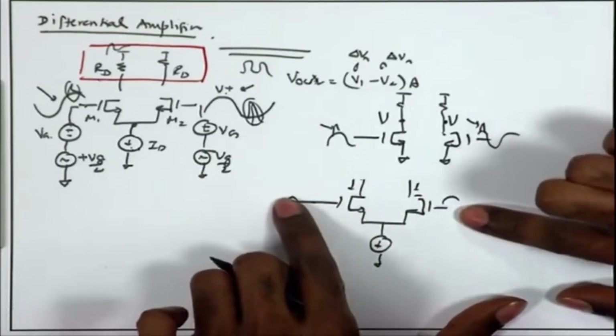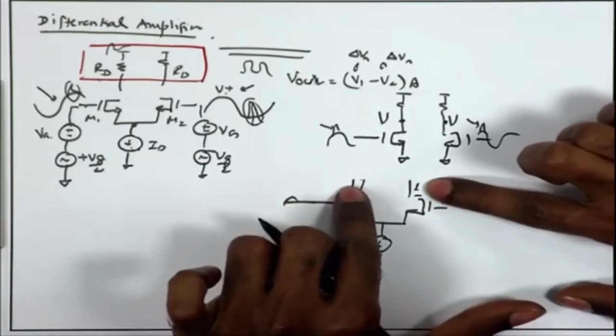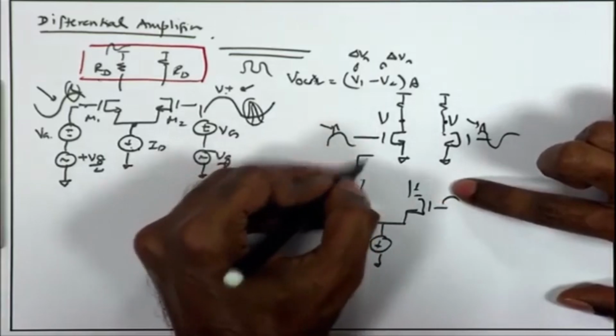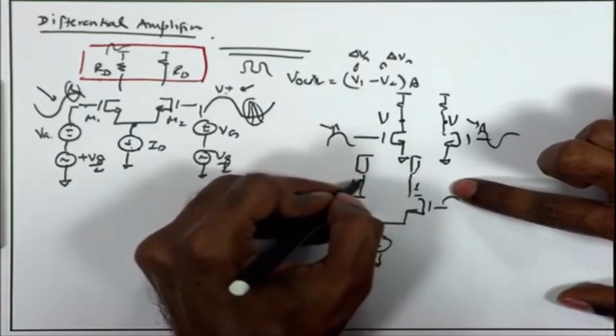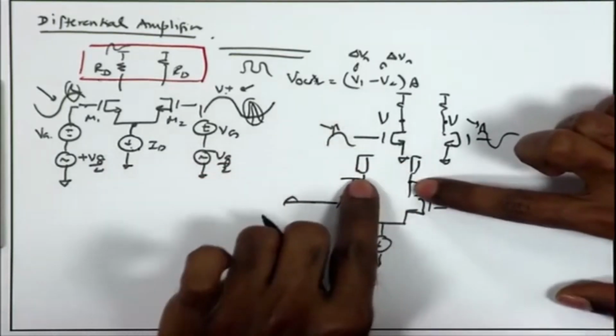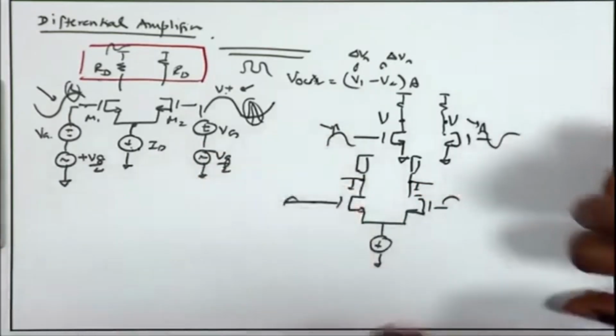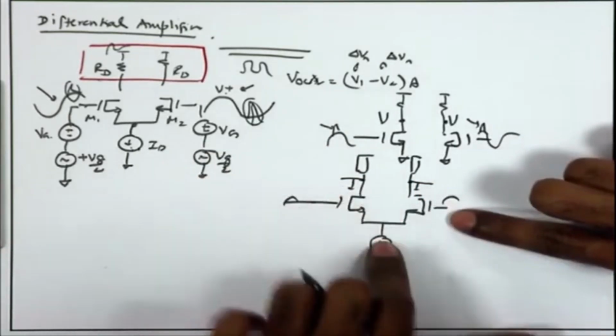Both the inputs are changing by the same amount, therefore the two currents are going to be the same. Depending upon what load we have over here, the two voltages are going to remain more or less constant, because these currents are constant as long as this transistor is in saturation and this current is constant.